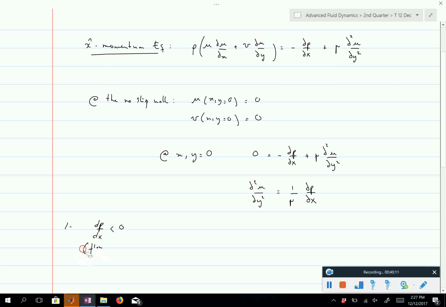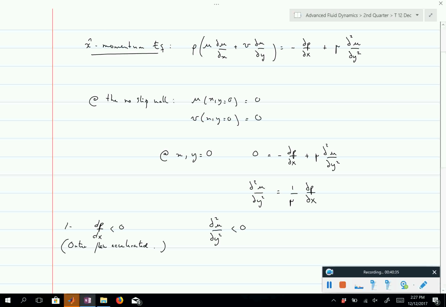The outer flow is accelerated. In that case, we have that the second partial of u with respect to y is negative.